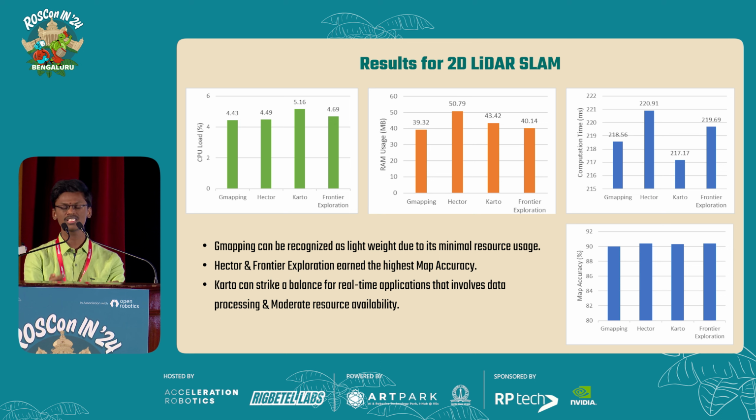In some applications, we need exact map accuracy, so we can go with those. Carto has a balance between resource efficiency and processing time, so it depends on us what resources are limited. If we have limited resources, then we can select some of these SLAMs if we are using 2D SLAMs. If we have higher resources, then we can go with the heavier SLAMs.